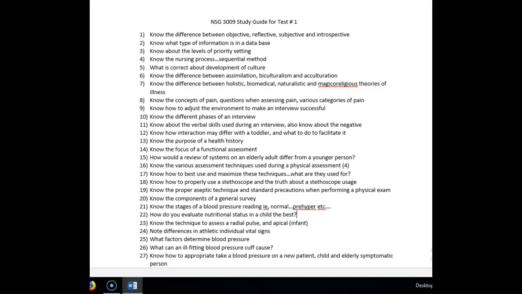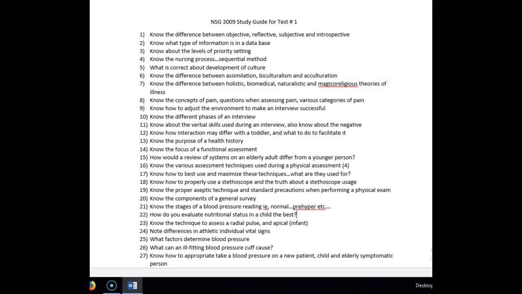And usually the best indicator of being overweight in children is the growth chart that's used for infants. So that's basically how you would evaluate, for instance, a nutritional status.